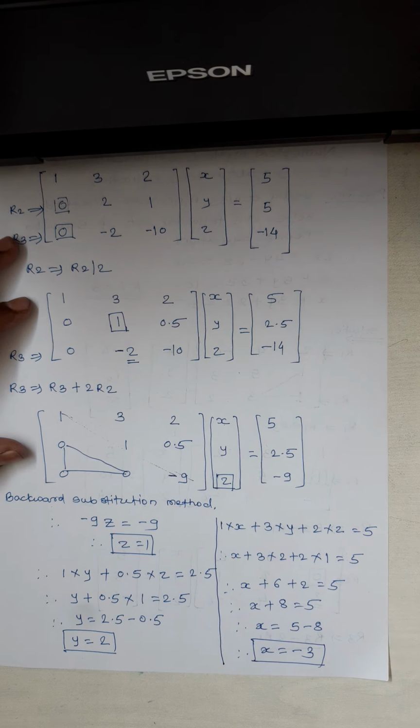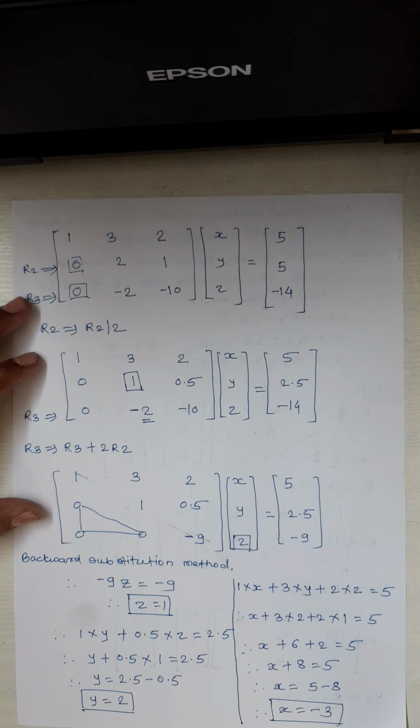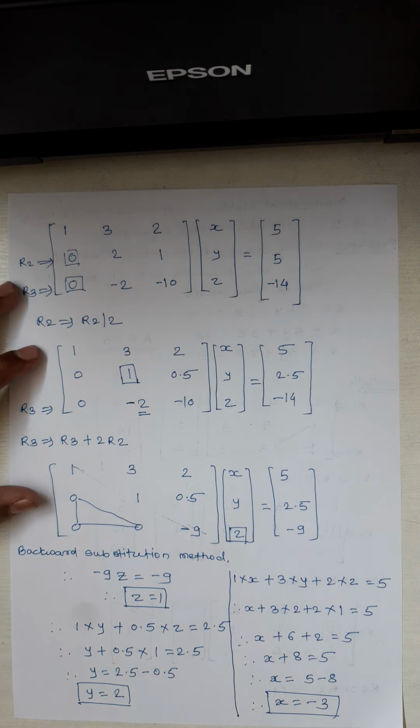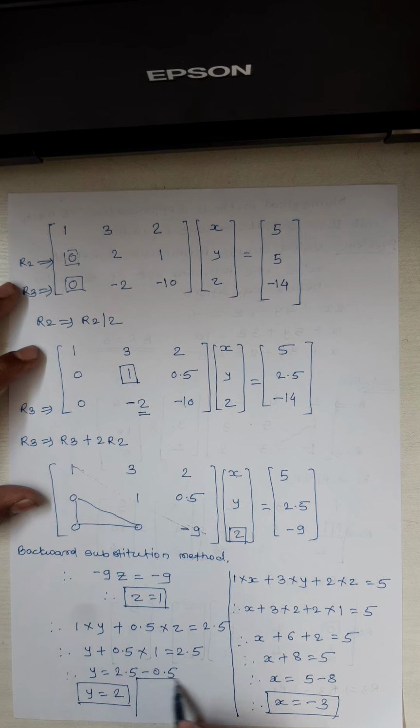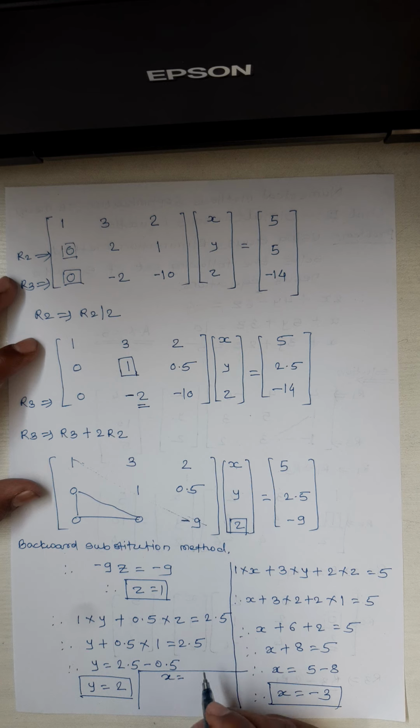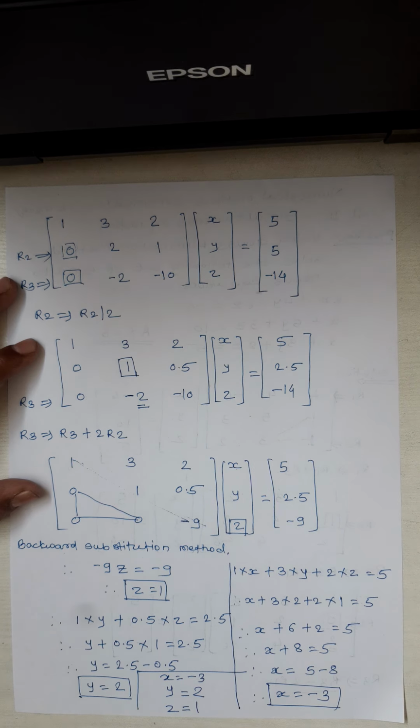That is the answer for x is equal to minus 3, means finally you'll get the answer x equal to minus 3, y equal to 2 and z equal to 1.